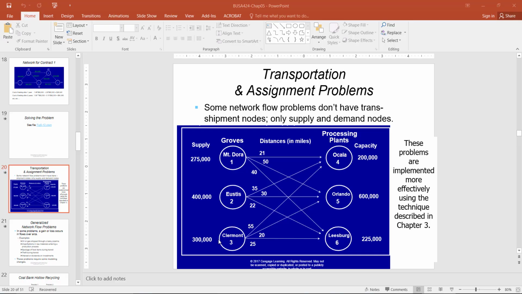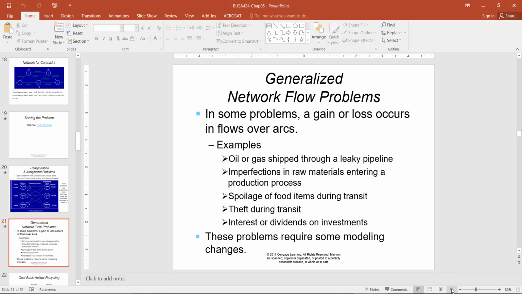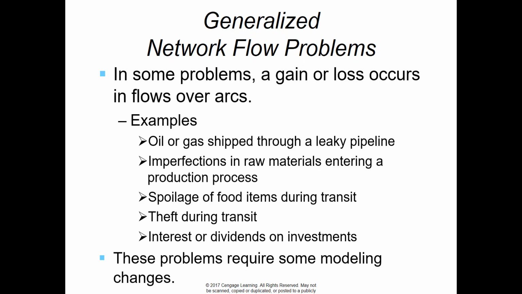Now let's look at another type of problem, which is called the generalized network flow problem. In this type of problem, we have a set of nodes similar to our previously discussed problems, but there is some change.